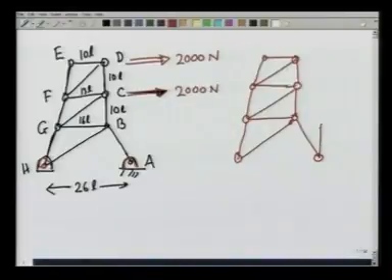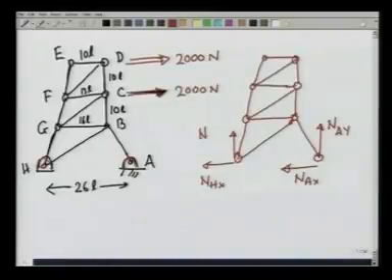If I take this structure, then there is a vertical force here, let us call it NAY, and in anticipation I am already assuming NAX is going to be to the left. Similarly, NHX is going to be to the left, and NHY, and there is this load 2000 newtons, 2000 newtons.